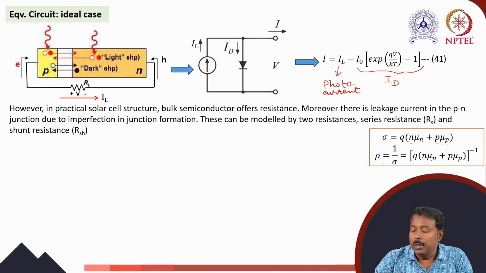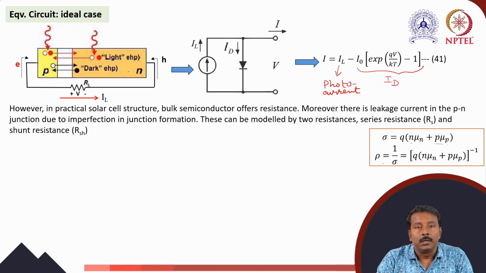So due to the specific resistivity of the semiconductor material, particularly in the quasi-neutral region, there is a resistance. That resistance is called series resistance.